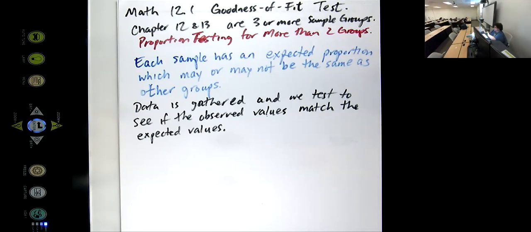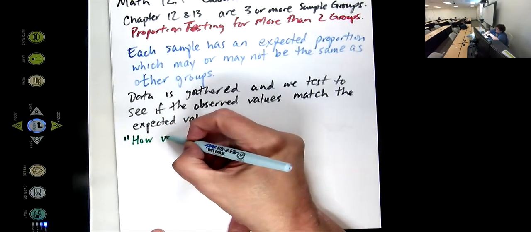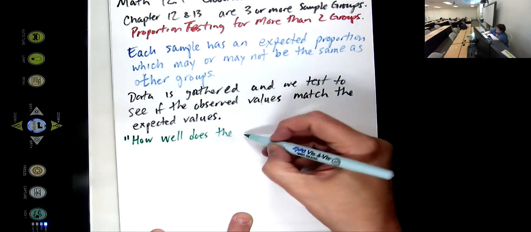And we don't do it on a 1-for-1 basis, we just do the overall group. So the question we're asking is how well does the data fit our expectations?